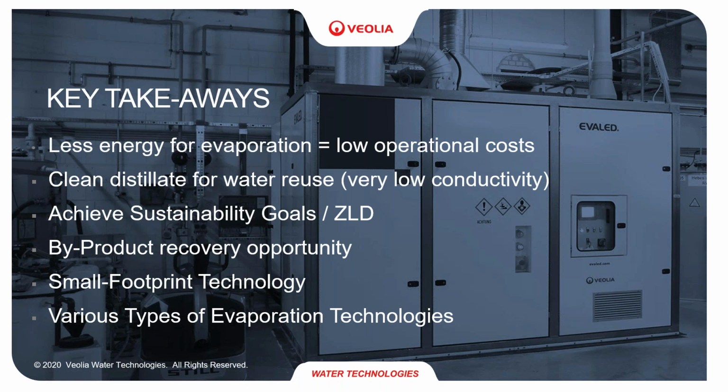Achieve corporate sustainability goals, zero liquid discharge. If there's any byproducts that we're able to recover, then we really want to harness these. Small footprint. You could probably see by McKelly's case studies also that a lot of those units were located in small spaces. I think most obvious was where you saw the desk sitting right beside the evaporator, and then it was quite tiny.